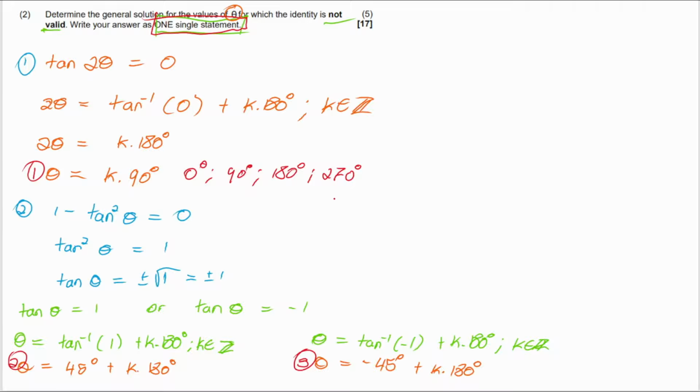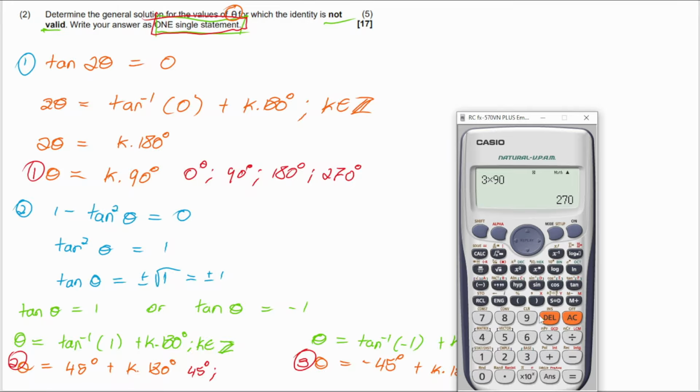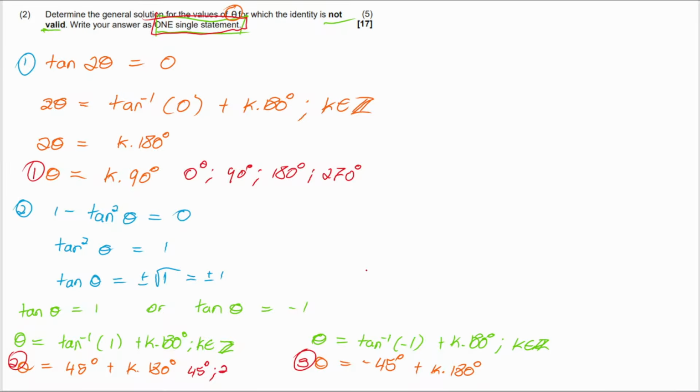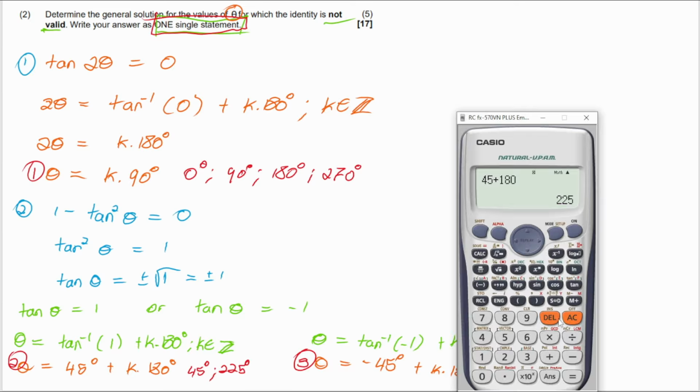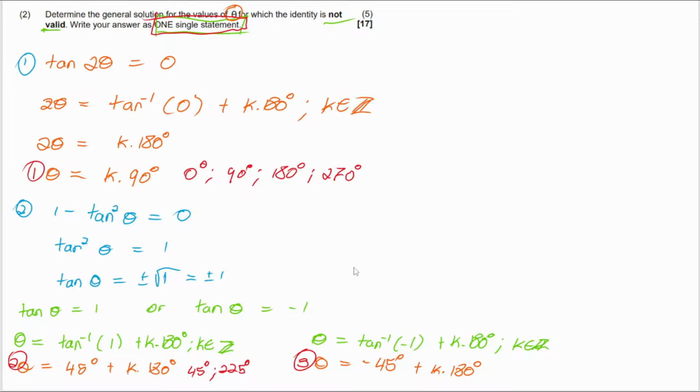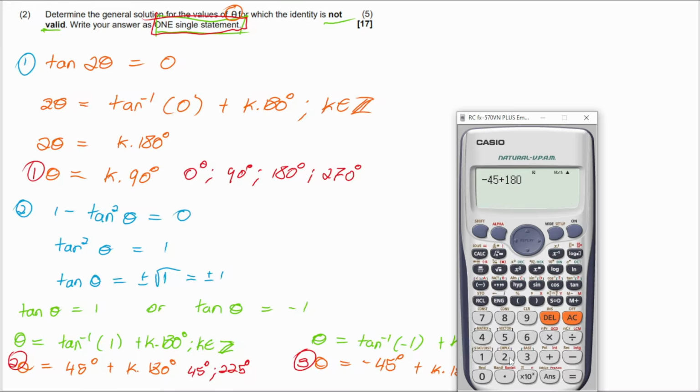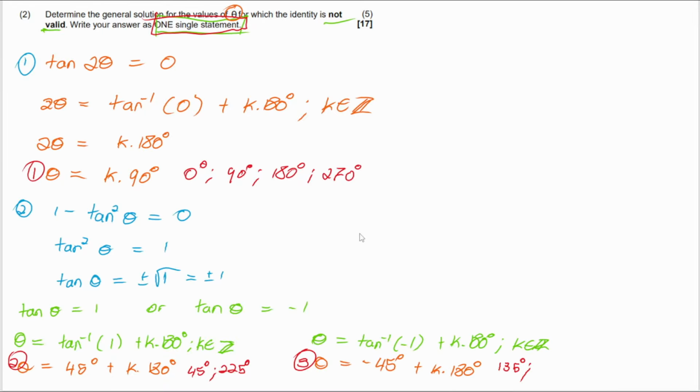From this one, what I'm going to get is 45 degrees when k is 0. And then I'll also get 45 plus 180, which is 225. From this one, I'll get negative 45 plus 180, which is 135. And what I'll also get then, when my k is 2, is 315.